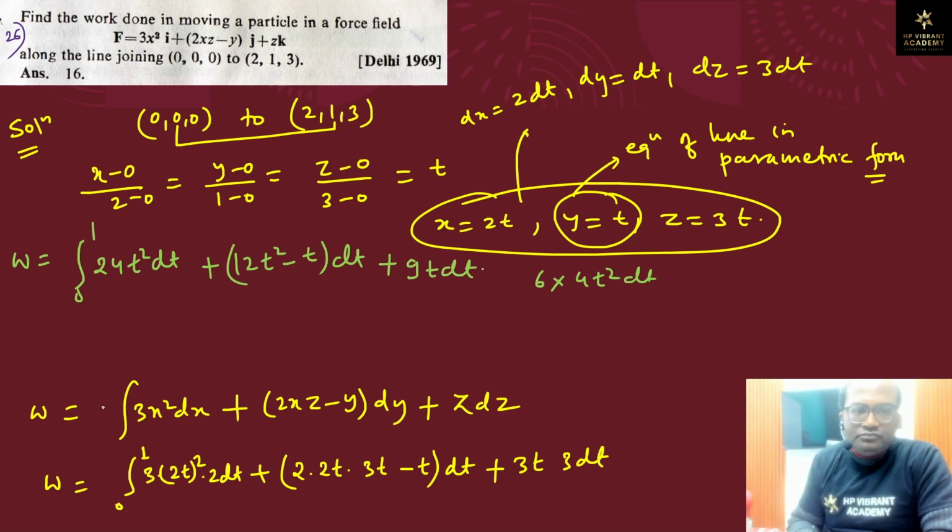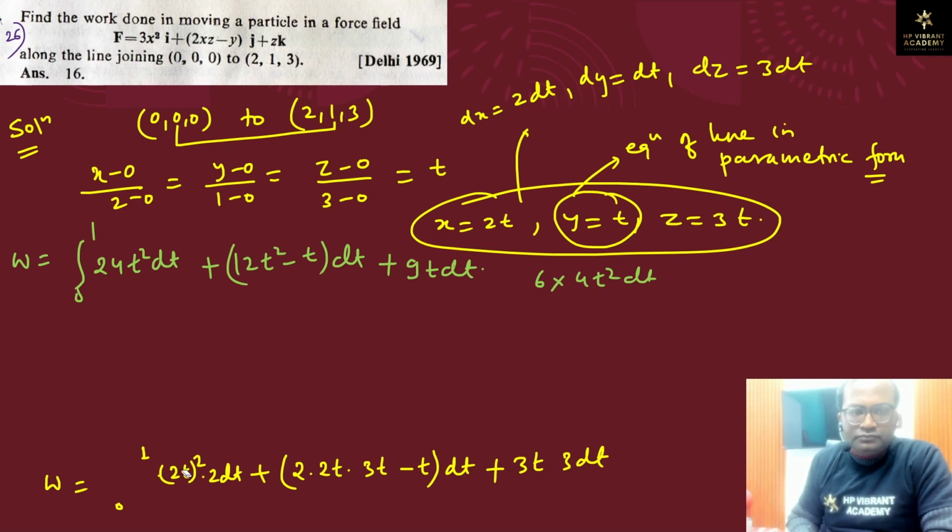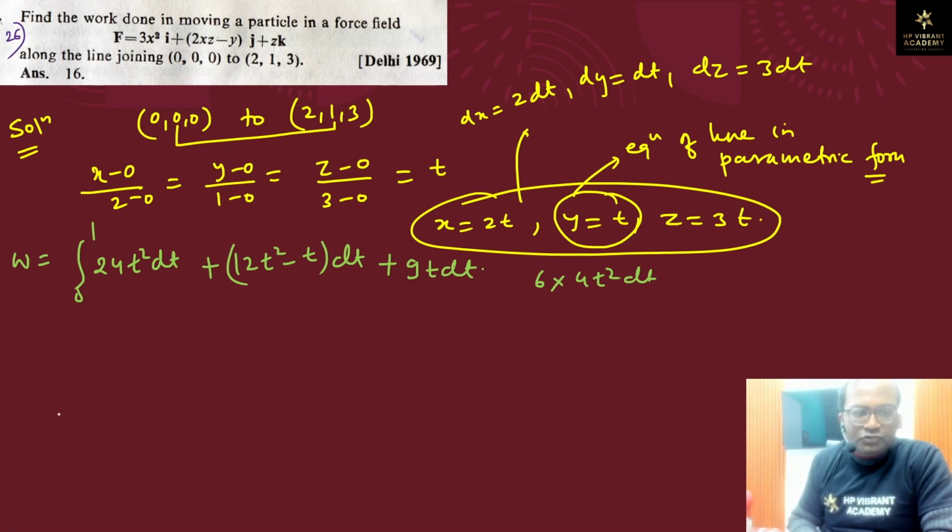Okay. So this we can write as: this is 24t square, this is 12, this is 36t square dt plus 8t dt, and the limit is 0 to 1.